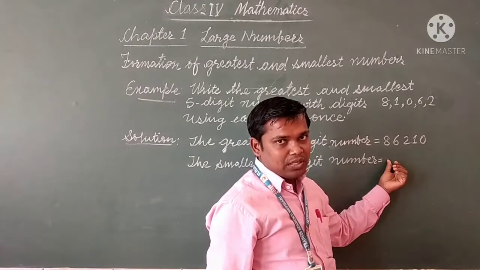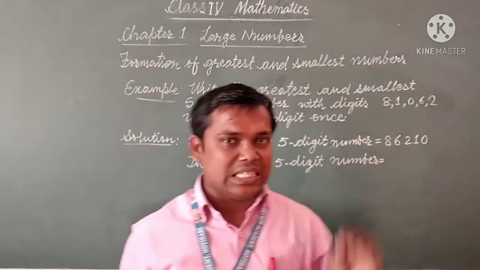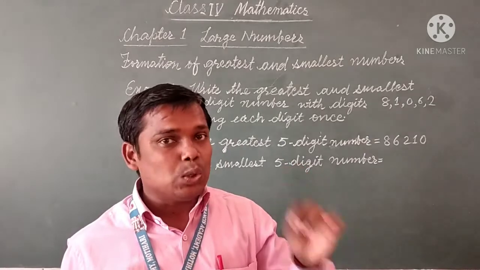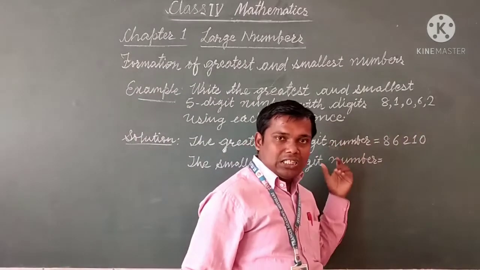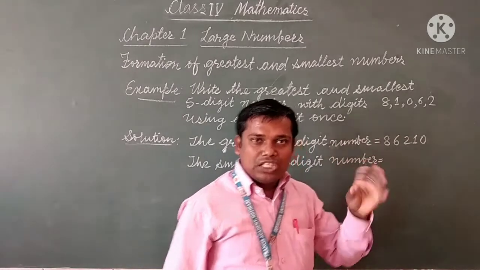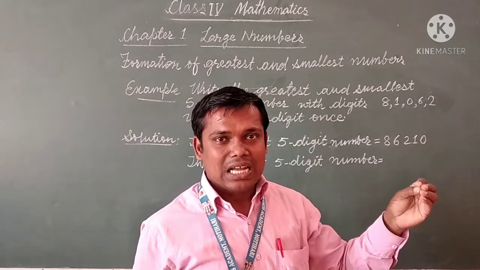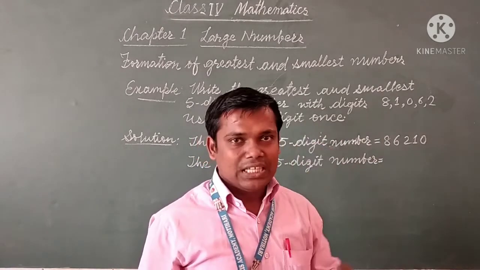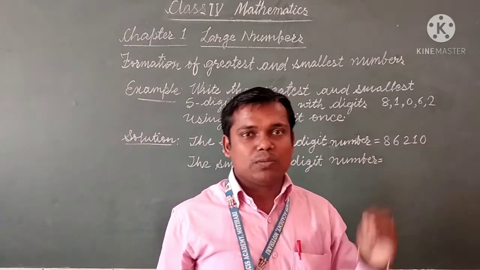10,000's place, because to write a 5-digit number we need 5 places, and the leftmost place is the 10,000's place. So if we keep 0 at the 10,000's place, the 0 has no meaning, and then we have a number of only 4 digits. So we do not write 0 at the leftmost place.